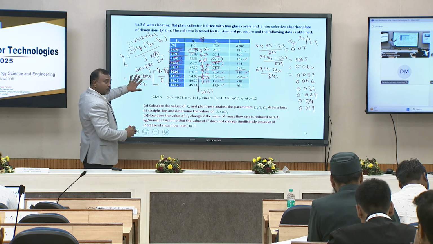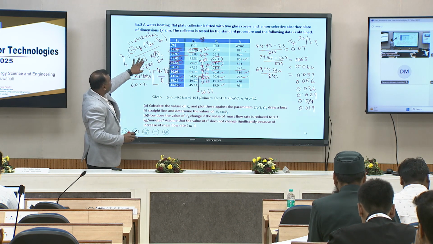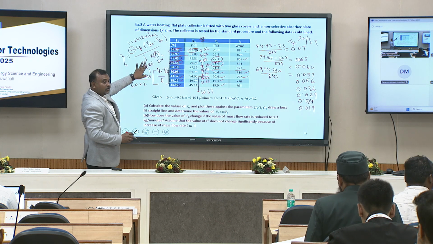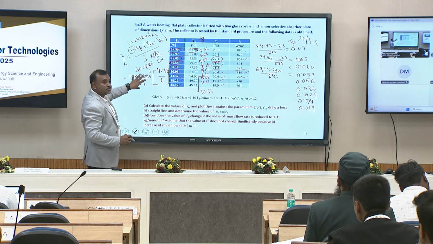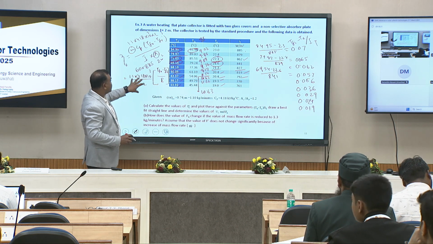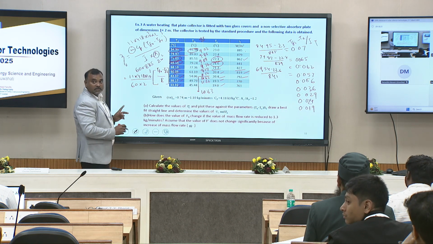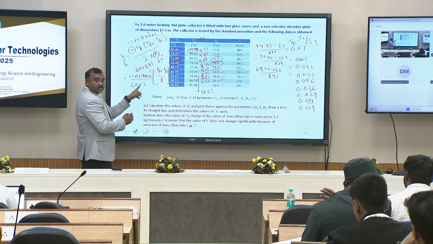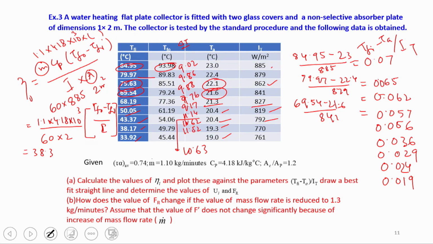No, I will be varying for every case. So this part is fixed. What is the value of this part? 38.32, and then for every case this will vary.